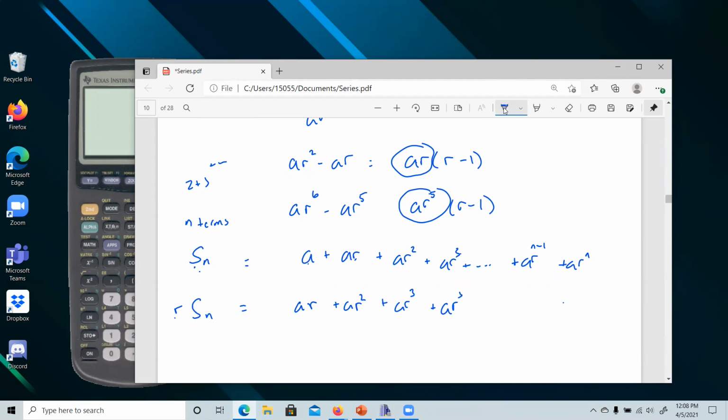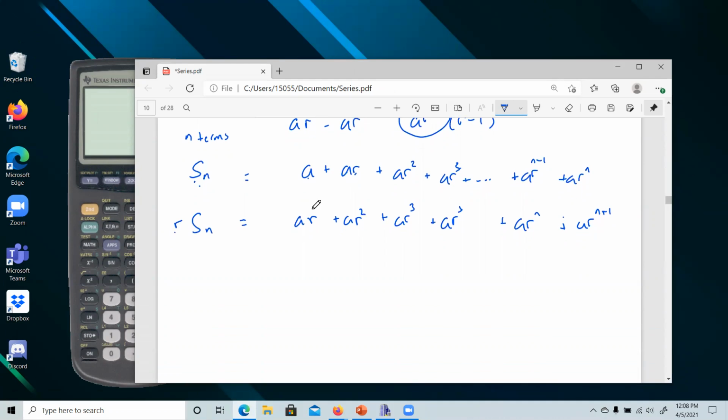Okay, we're going to have a plus an ar to the n plus ar to the n plus 1. Now what we're going to do is we're going to take Sn minus r Sn. Just going to take this one minus that one.